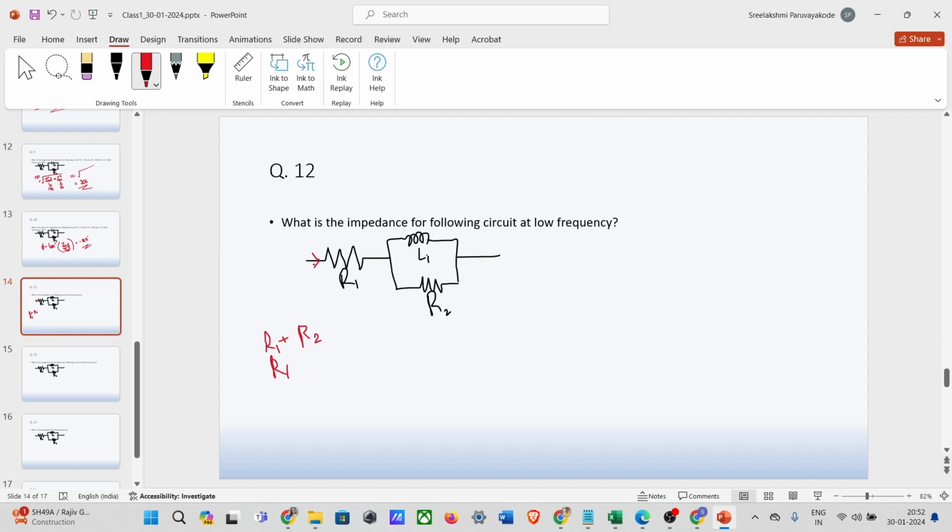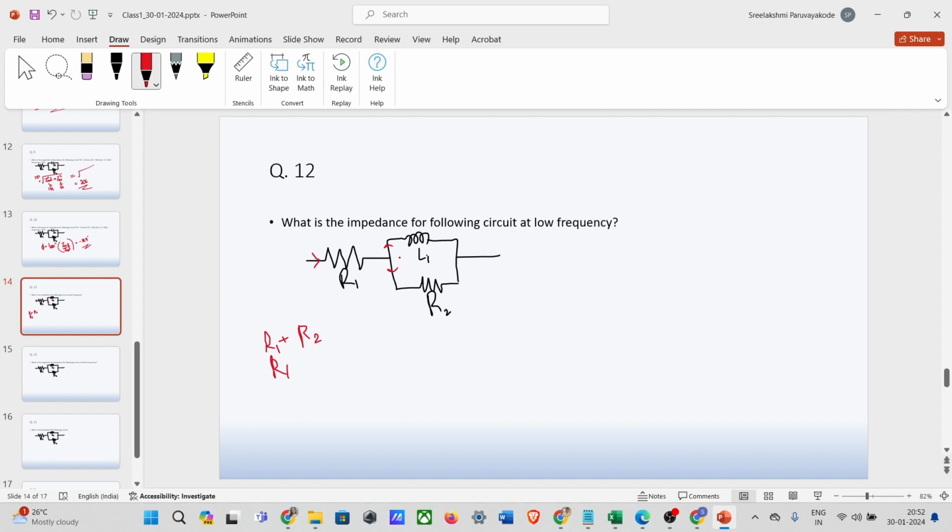You have a resistor and an inductor, and the inductor and resistance are in parallel. I am passing a current, it reaches here, and it can go either through this way or through this way, right? Which way will it choose?